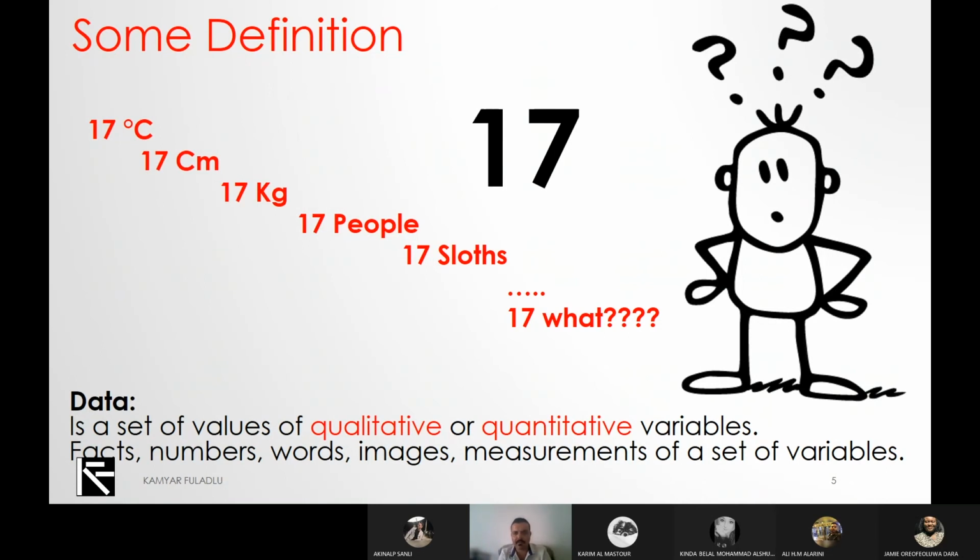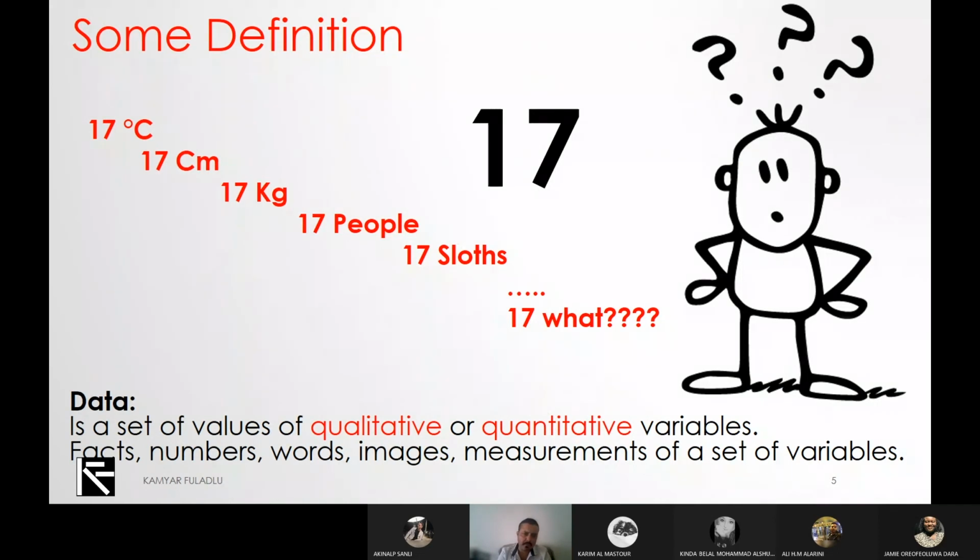For instance, I put a 17 here. If you just see 17, it is nonsense for you and it is raw. You don't know what 17 is. Is it a unit of length, such as centimeter, millimeter, or inch?